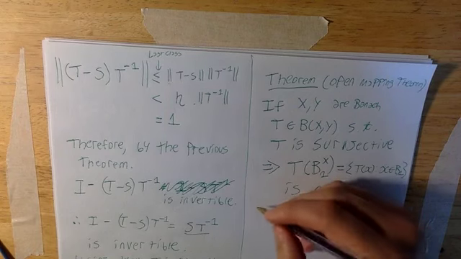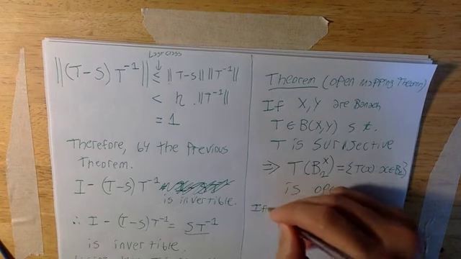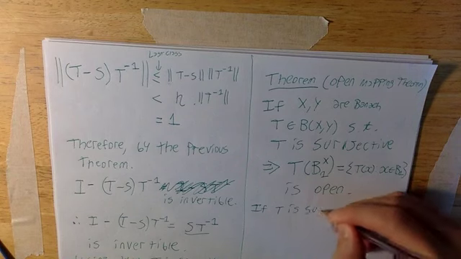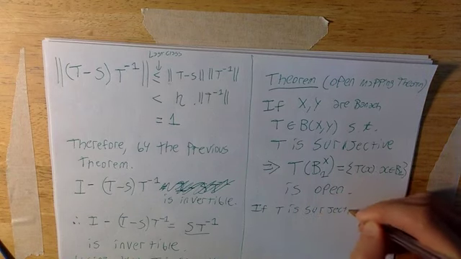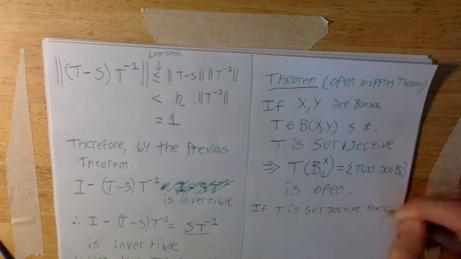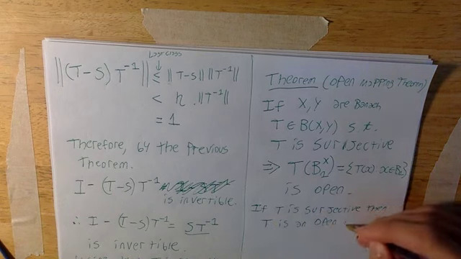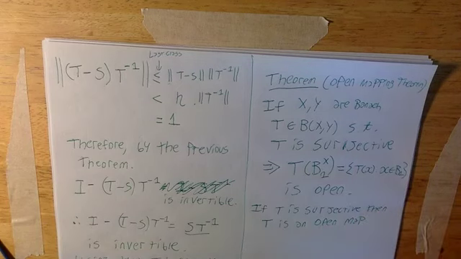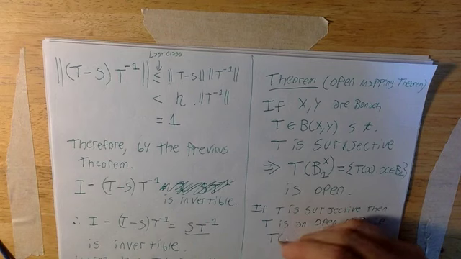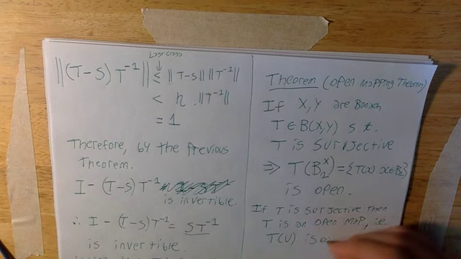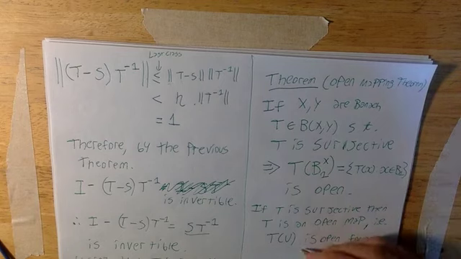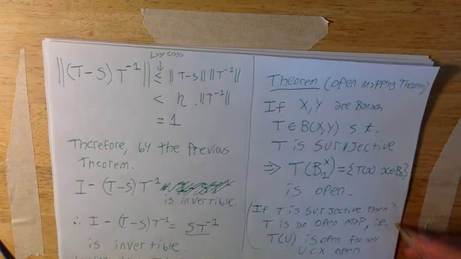In other words, if T is surjective, then T is an open map. That is to say, T of U is open for any U contained in X which is open.